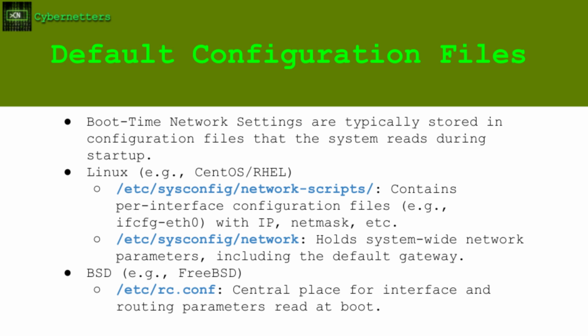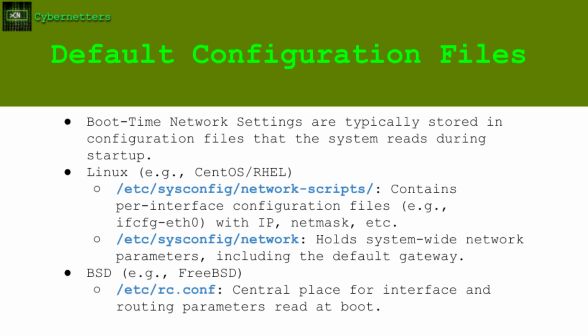This folder contains the individual configuration files for each interface. So if you're setting eth0, you have a file called ifcfg-eth0, in which you define things like the IP address, the netmask, and whether the interface should be active on boot. There's also /etc/sysconfig/network, which handles system-wide settings, including the default gateway.